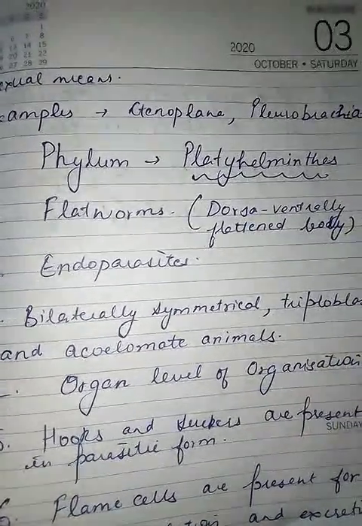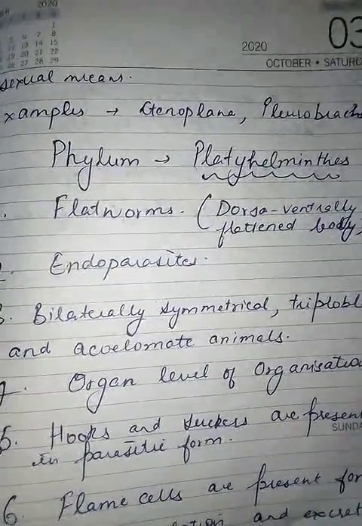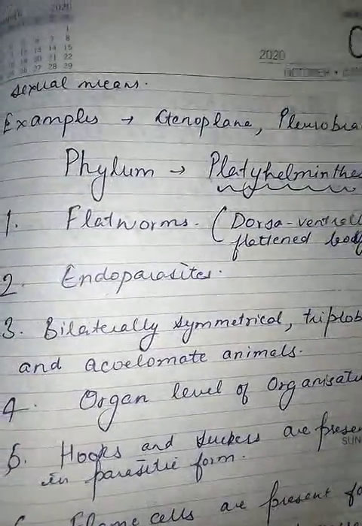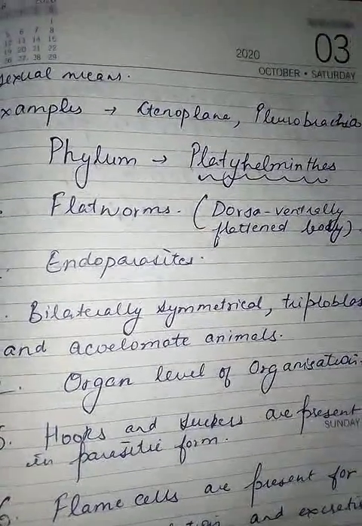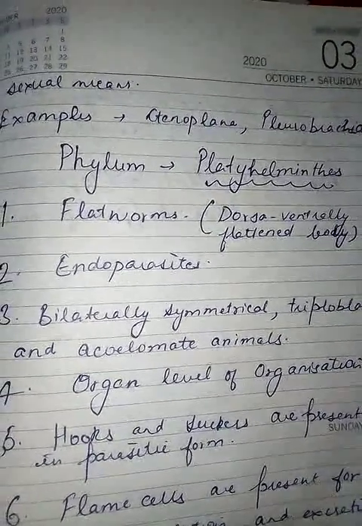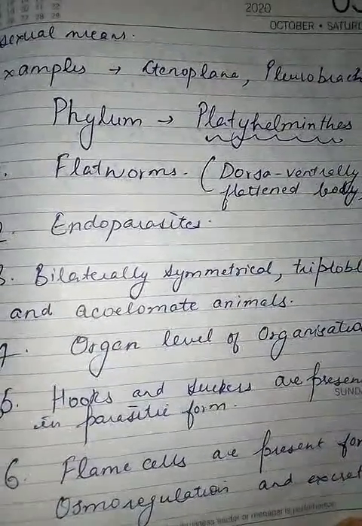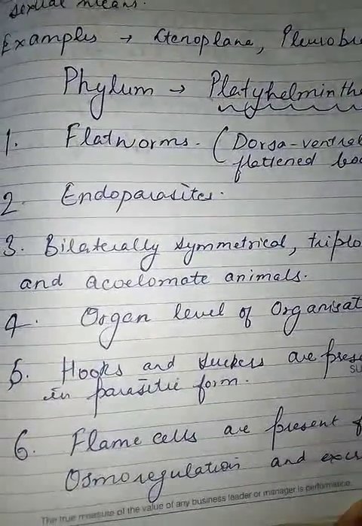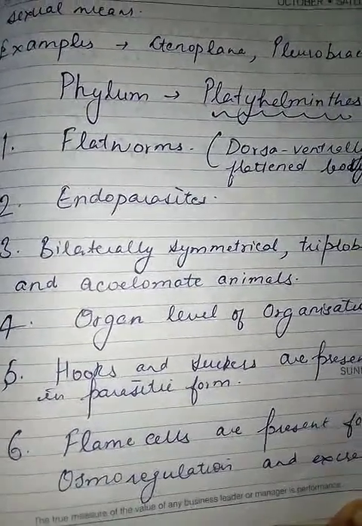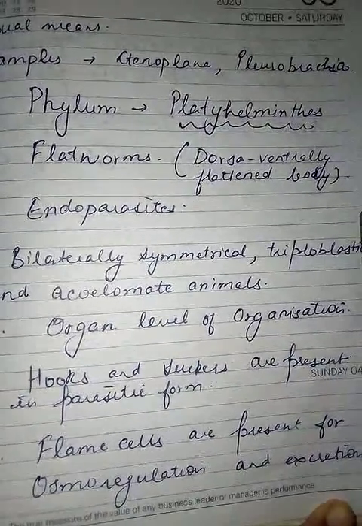Then comes Phylum Platyhelminthes. Flatworms are included in this. They are endoparasites, you have to remember. Members of Platyhelminthes are endoparasites, which means they exist inside the body of the host and suck the blood. The flatworms are dorso-ventrally flattened.